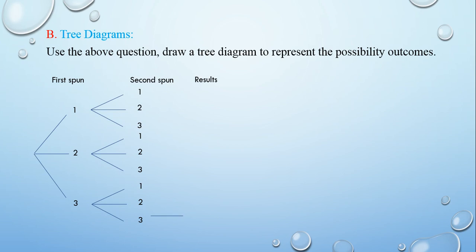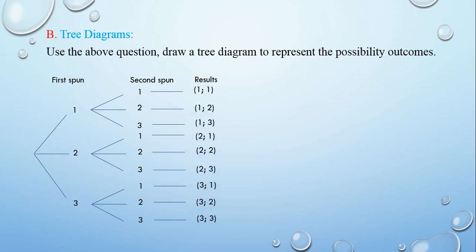So give the result as 1 for the first spin and 1 for the second spin. So 1, 1. Then 1 for the first spin and 2 for the second spin, so we get 1, 2, and next we get the same thing, like 1, 3, 2, 1, 2, 2, and so on until 3, 3. This is just the result, but what we are talking about is the score, his final score.